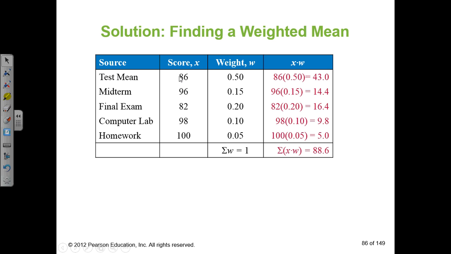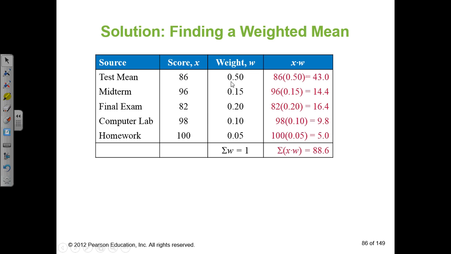So we take your test times its weight of 50% and get a 43. 96 on your midterm times its weight of 15, and we get a 14.4. Your final exam grade, 82, times the weight of 20%, written as a decimal, 0.20, and we get 16.4, and so forth. We add up the sum of the weights. When we add these up, we get 1.